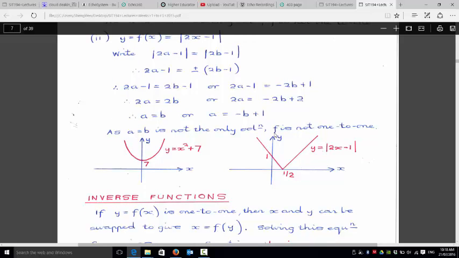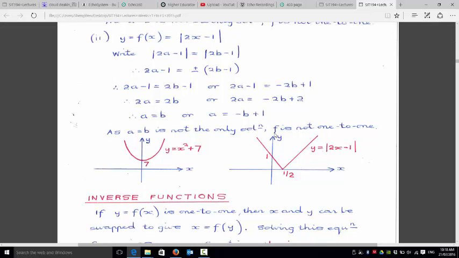f(x) is equal to the modulus of 2x minus 1. We want to check whether a is equal to b is the only solution of f(a) is equal to f(b). So we have the modulus of 2a minus 1 is equal to the modulus of 2b minus 1, and then we solve the modulus.